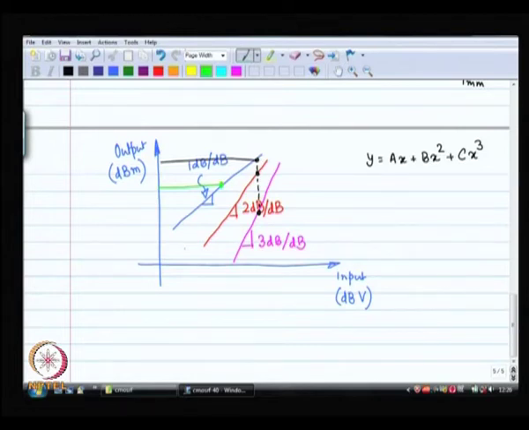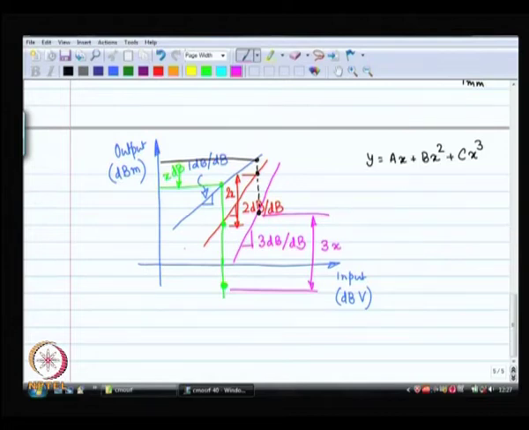Then my second harmonic has gone down by 40 dB, and my third harmonic has gone down by 60 decibels.